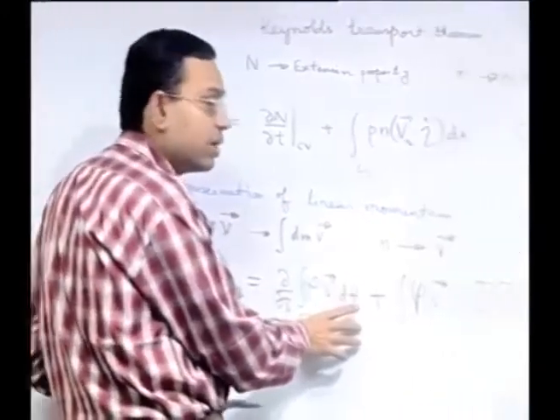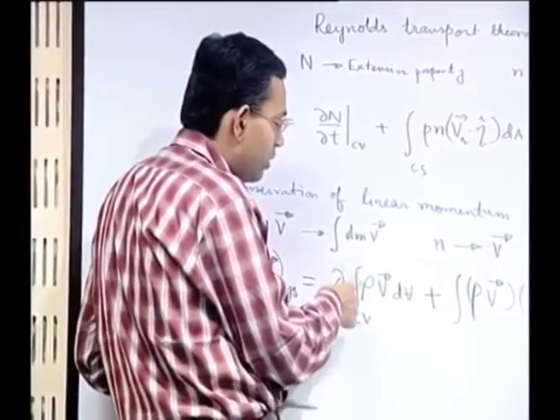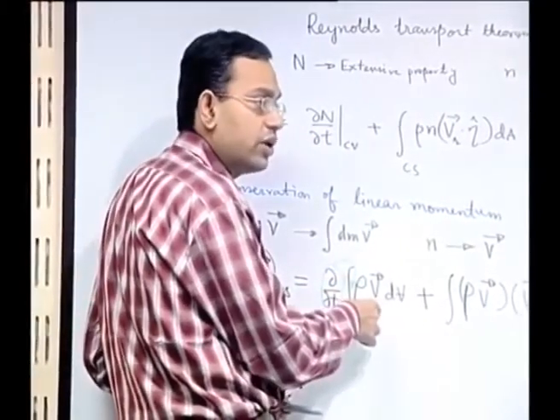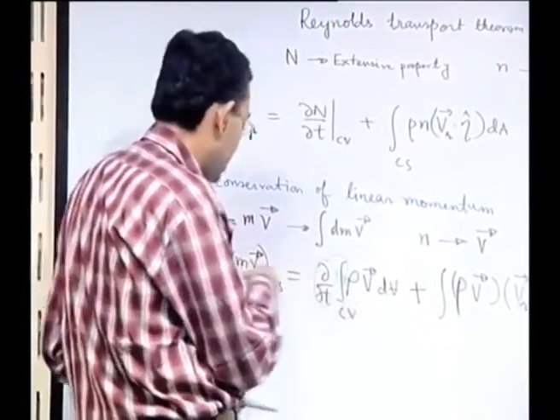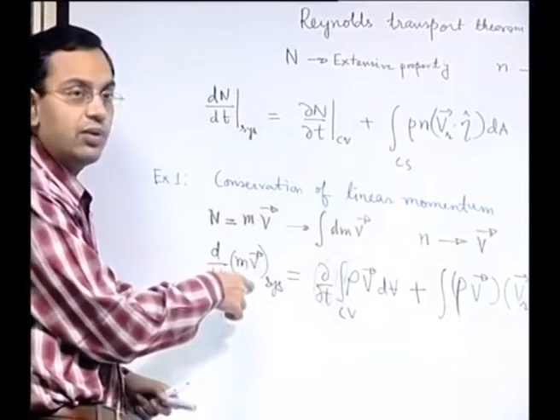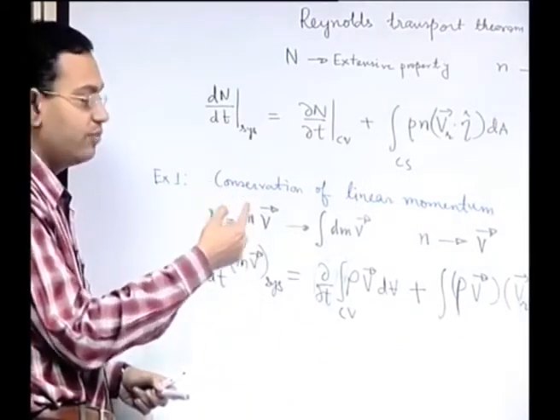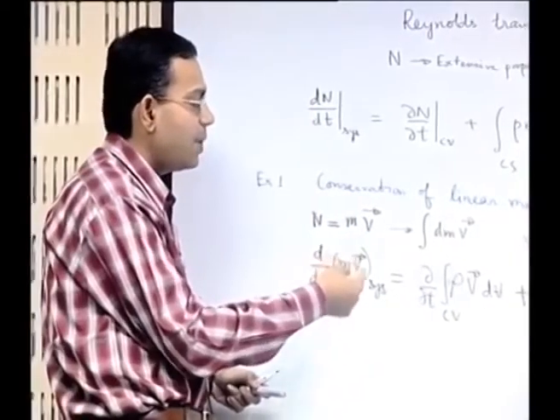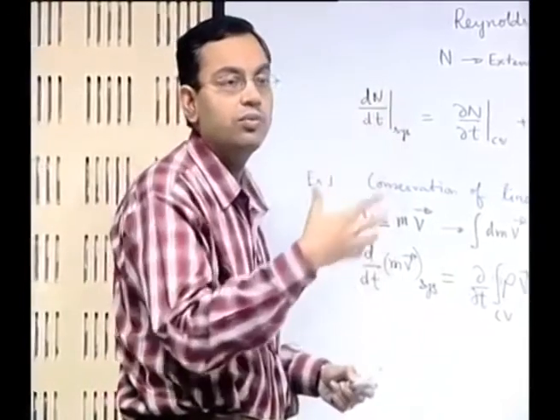Now if you write it for a control volume, this is basically the rate of change of linear momentum for a control volume, but that you cannot write as the total force, but the rate of change of linear momentum of the system you can write that as the total force, because Newton's laws of motion are applied for a system of particles, but not for a control volume directly.